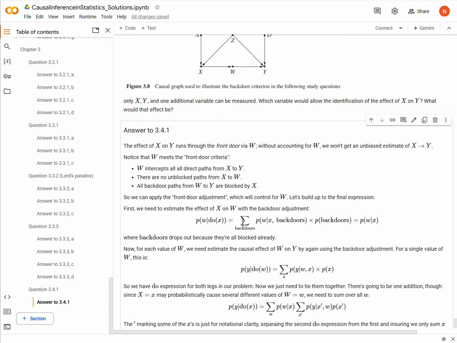I'm going to apply the backdoor adjustment here, but there are no open backdoor paths. They're all being blocked. So our backdoor terms all drop out, and we just get the observational probability of w given x. That's the first leg of our journey from x to w.